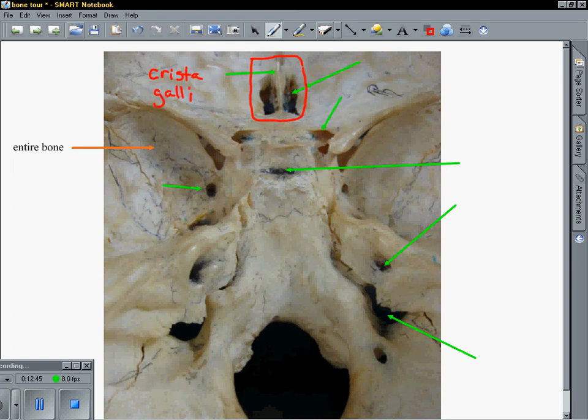Okay, and then we have the plate, which is gone on this picture because it's real bone. It's very fragile, very easy to crack through. And that little plate is called the cribriform plate. In it are teeny, teeny, tiny little holes, and you can see some remnants of those holes there. Those are called olfactory foramina.